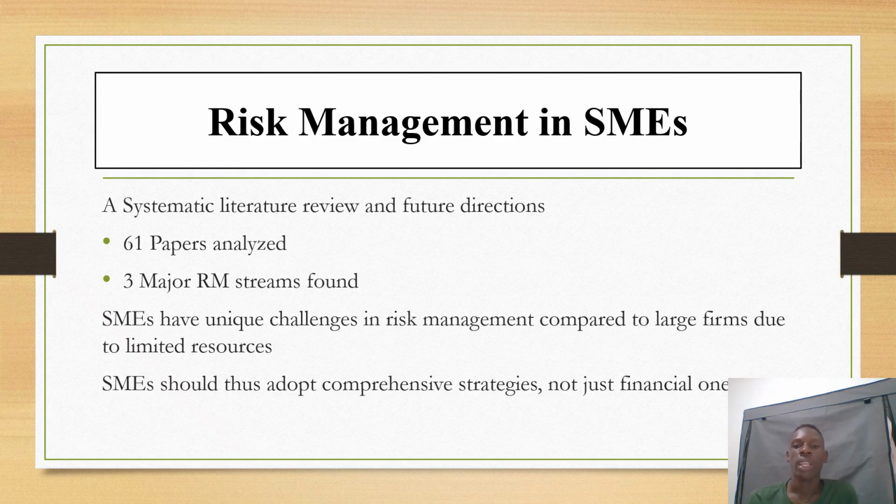So they end up not using the suitable strategies. One of the findings identified is that these small scale firms should adopt comprehensive strategies, not just financial ones, so as to improve the performance of their businesses.